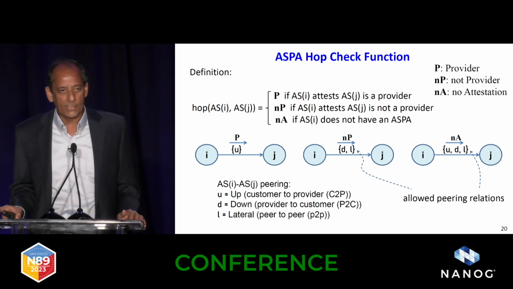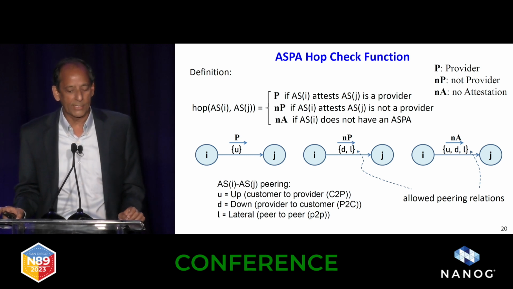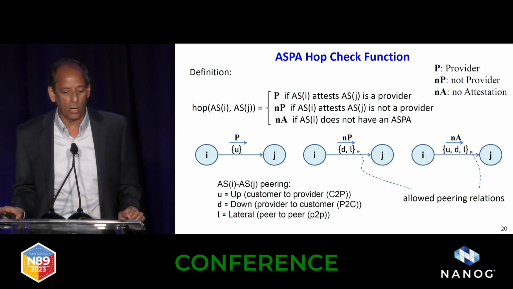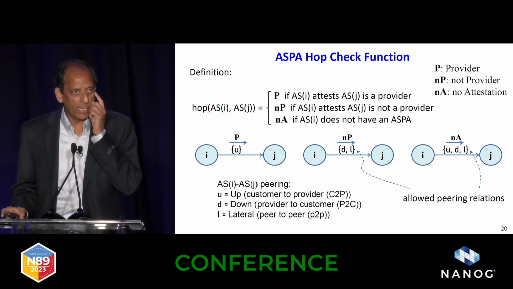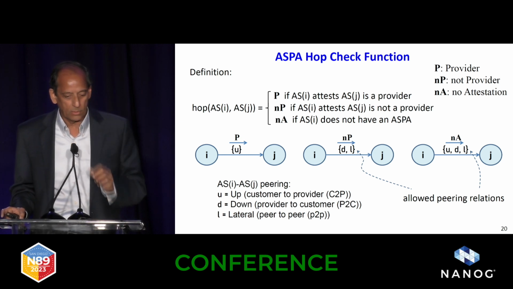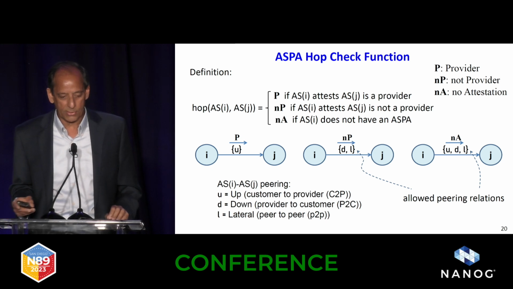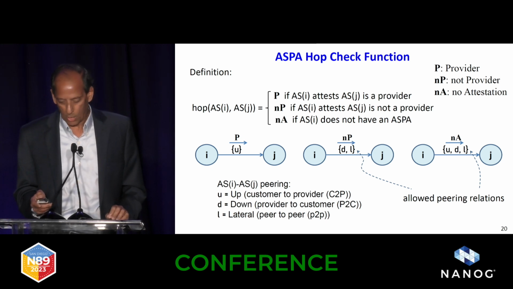And in the third case, if there is no attestation, if AS I doesn't have an ASPA, then this hop is not attested, which means that it could be up, down, or lateral. We are not able to distinguish between those. So the path could be from a customer to a provider, or lateral peer, or from a provider to a customer. So that's the definition of the hop check function.